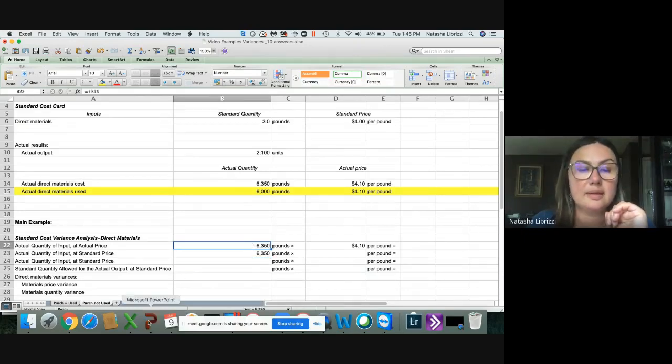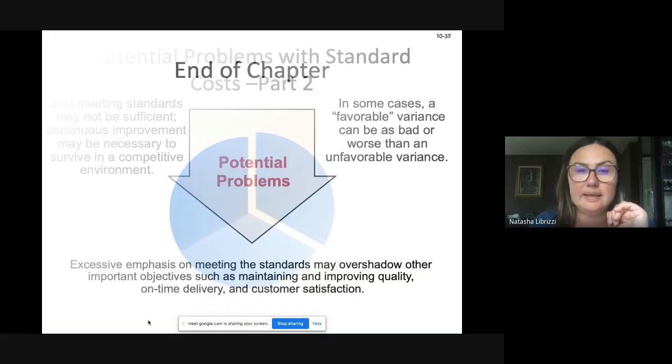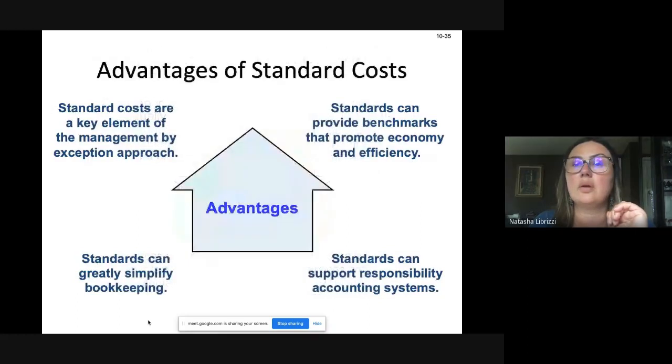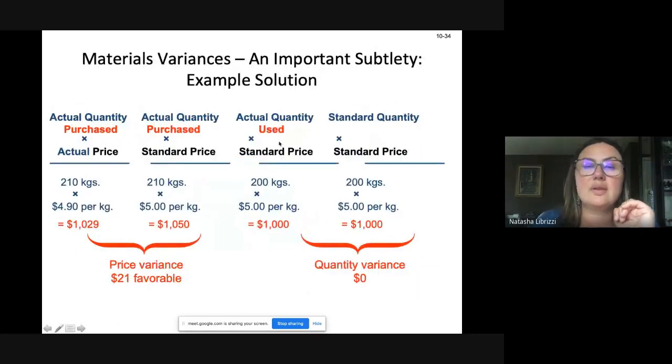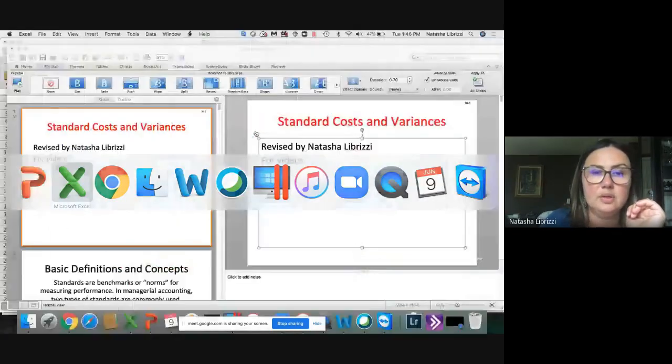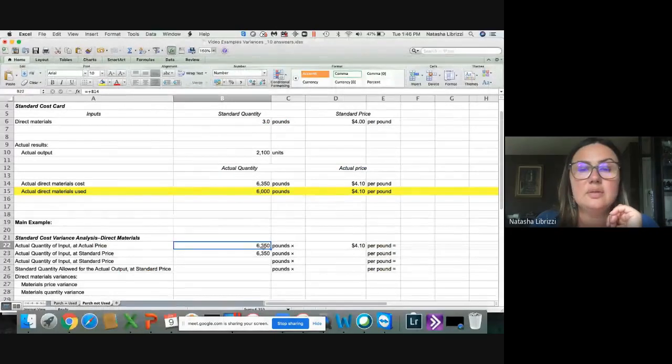So this is the goal of this exercise. If I go back to my slides, that was slide 34. This middle part we're going to actually recalculate. We just did purchased being the same, but now used is different, so we're going to go in that mode. Okay, so 6,350 actual quantity purchased, and this is the standard price, which is $4.